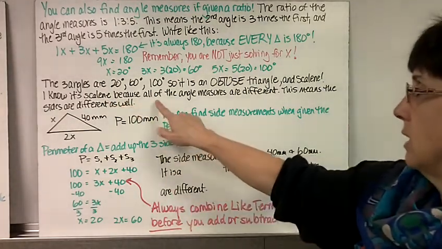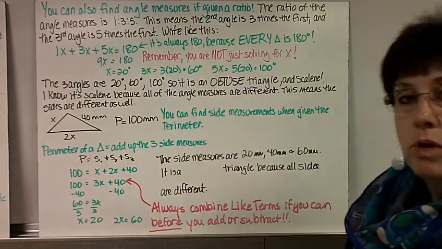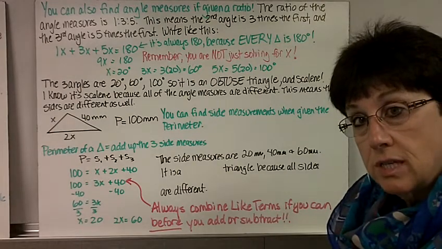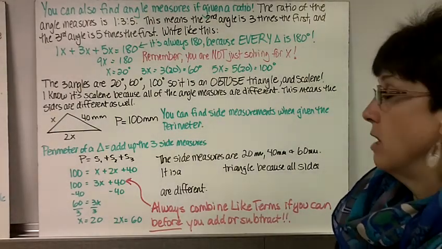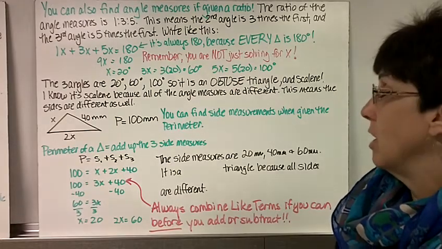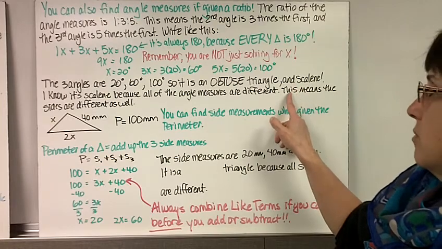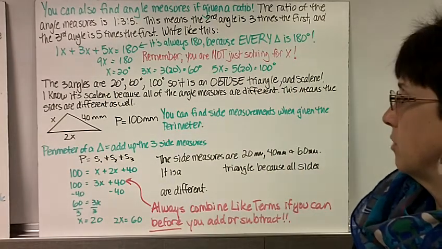And I know it's scalene because all of the angle measurements are different. If you have two angle measures that are the same, that means two sides are the same. If you have all three the same, all three sides are the same. If you have none the same, none of the sides are the same. So the sides are different because all the angles are different.